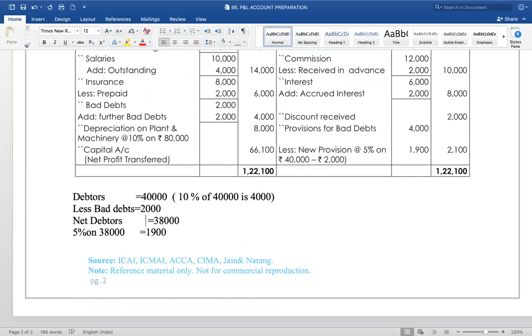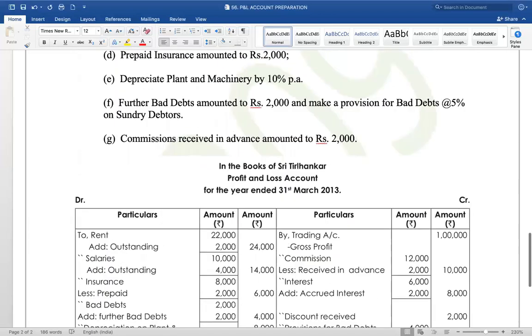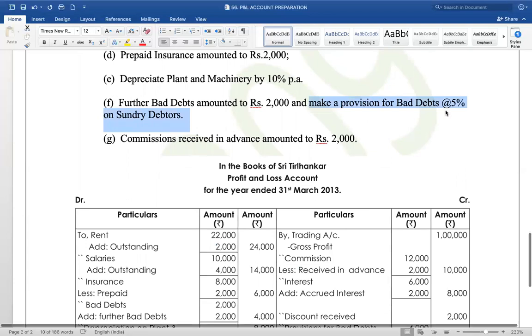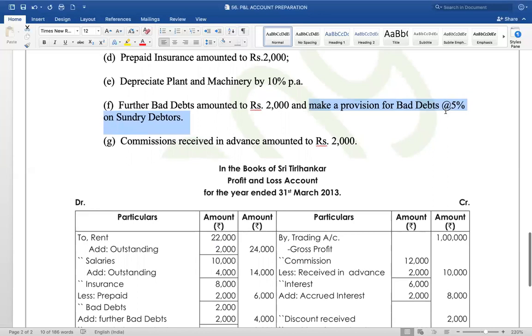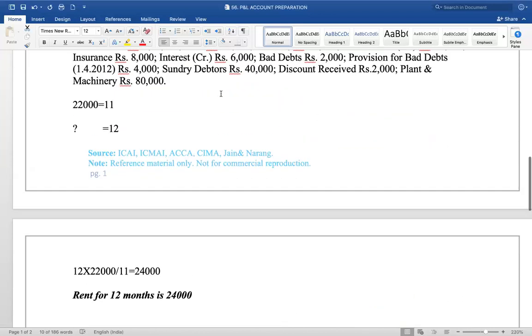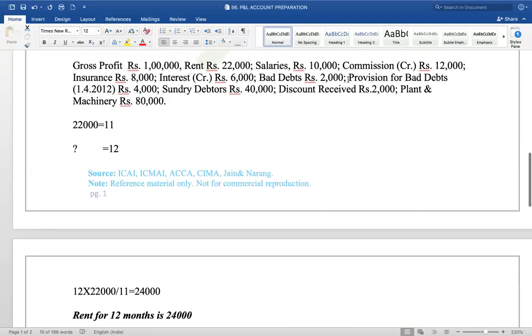On this 38,000, what he says is make only 5%, not 10%, as you have seen in the trial balance. In the trial balance, the provision for bad debt is 10% on 40,000.